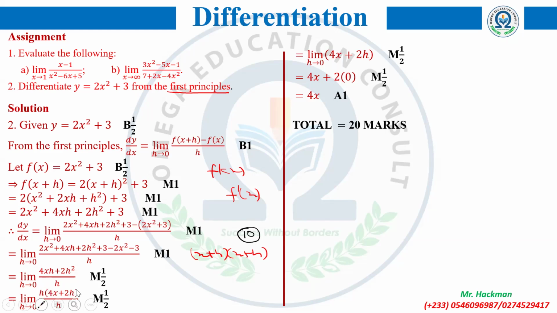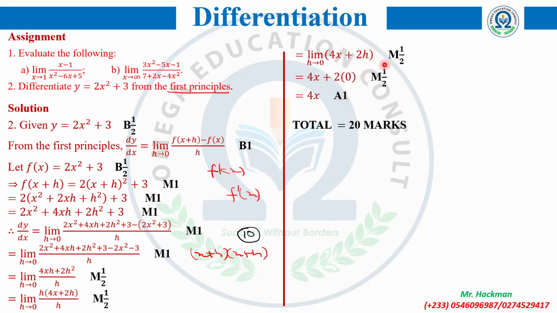So by that, the h will cancel and you end up getting 4x plus what? 2h, the limit as h approaches 0. Take note again, if you wrote the limit as h approaches 0 and you wrote 4x plus 2h without putting these two in brackets, it will be M0, A0 from that point.